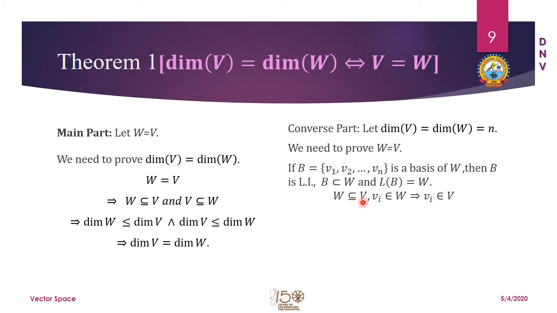So W is a subspace of V, as we are given that W is a finite dimensional vector subspace of this V. So I can always write like this.